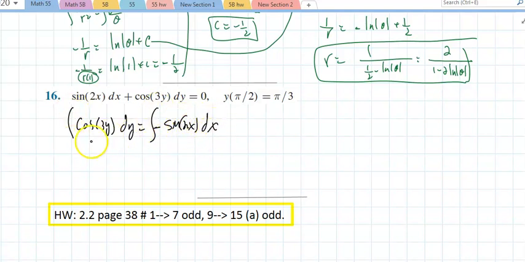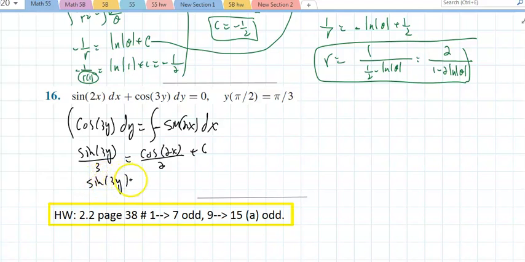If I integrate, I could get the sine of 3y over 3 equals the cosine of 2x over 2 plus c, right? And I could say sine of 3y equals 3 the cosine of 2x over 2 plus c.